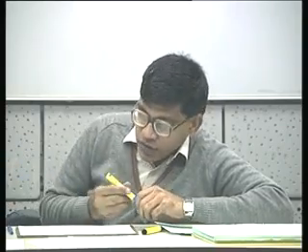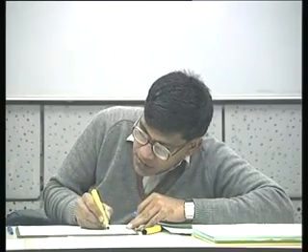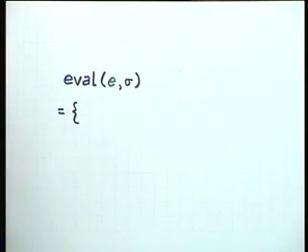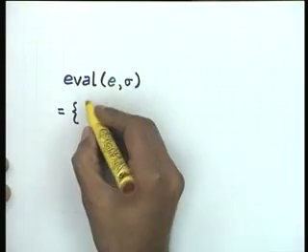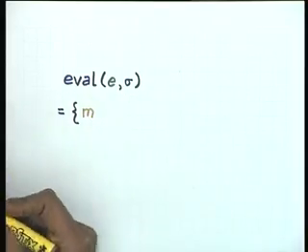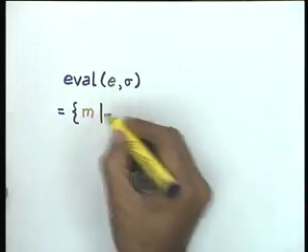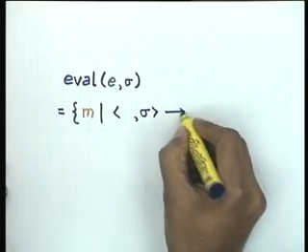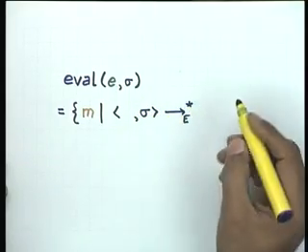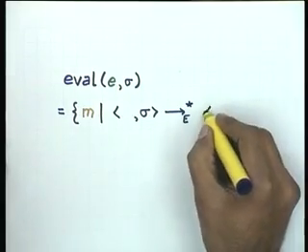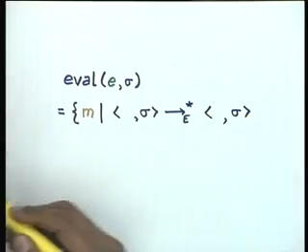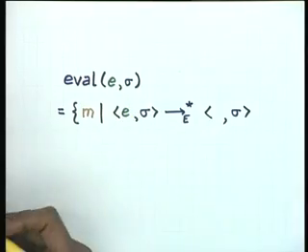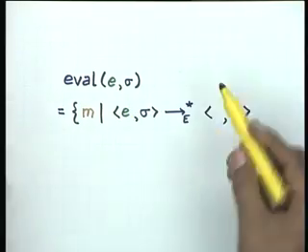So we'll define eval of E sigma as being equal to the set of all values m which, we'll just look upon this as a set of all values that eventually lead to a terminal configuration.